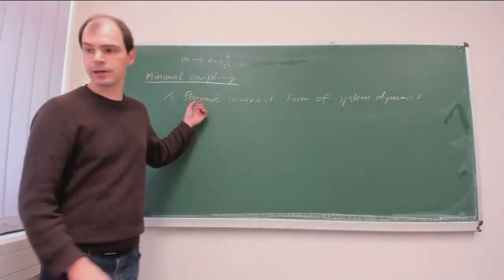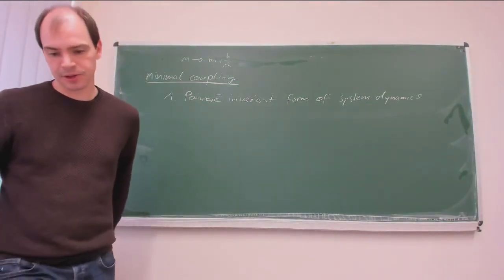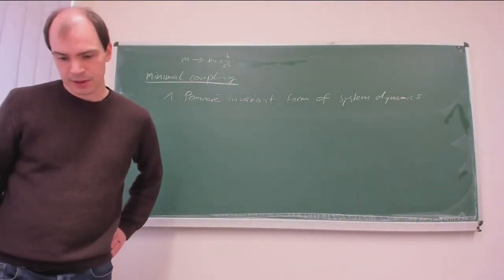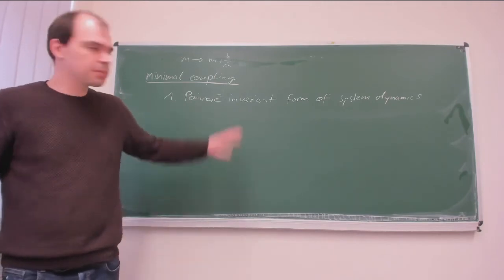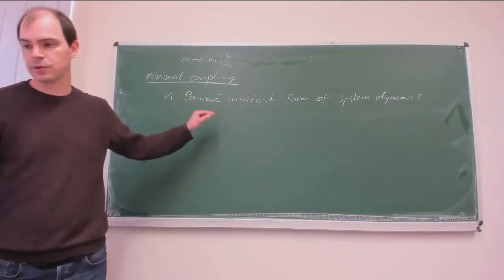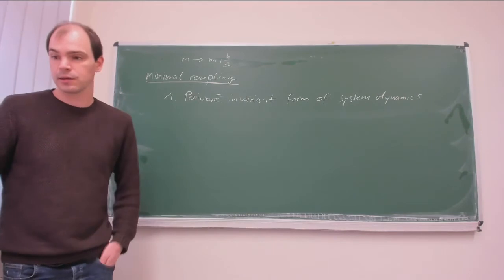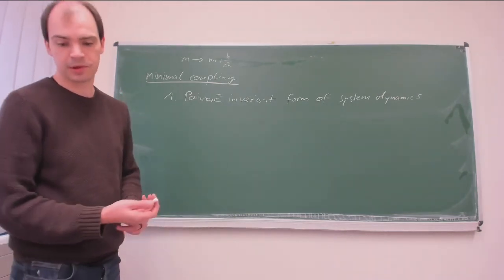So we need a Poincaré invariant form of the dynamics of our system. A typical example would be to have a relativistically invariant Lagrange density, for example, for our system.